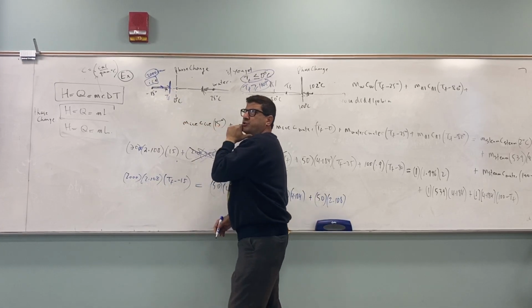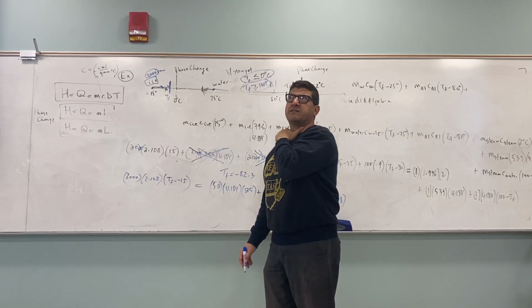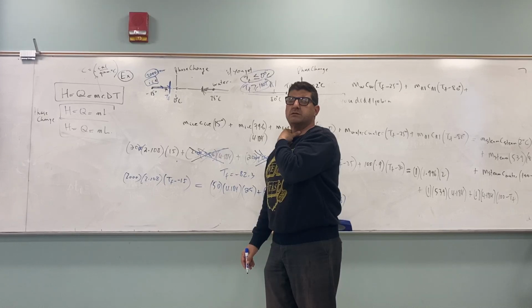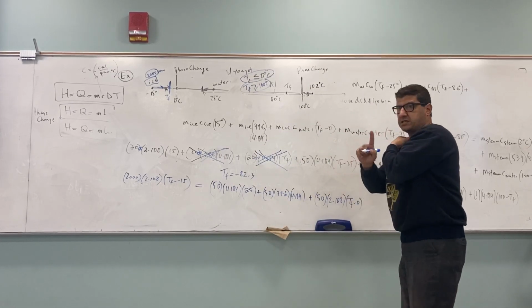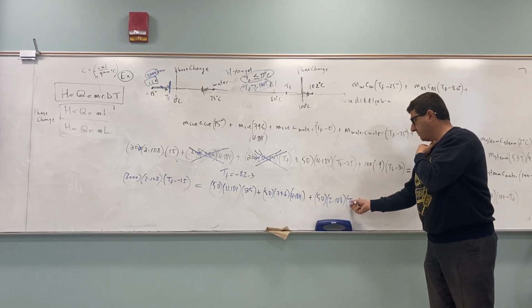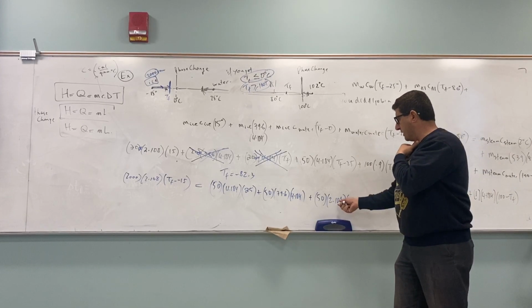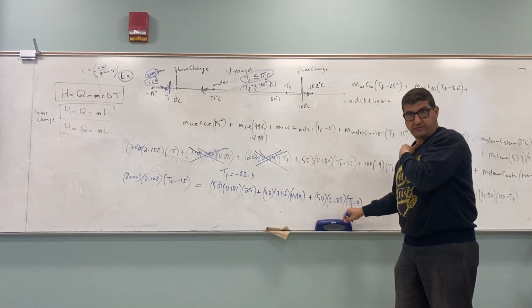But no, if I want to do it as a positive, what should I do? Because TF, I'm expecting a negative number. If I put TF minus 0, it's not going to work. That's an algebraic mistake, because this number is a negative, and I should do absolute values, right? So I should do negative TF.